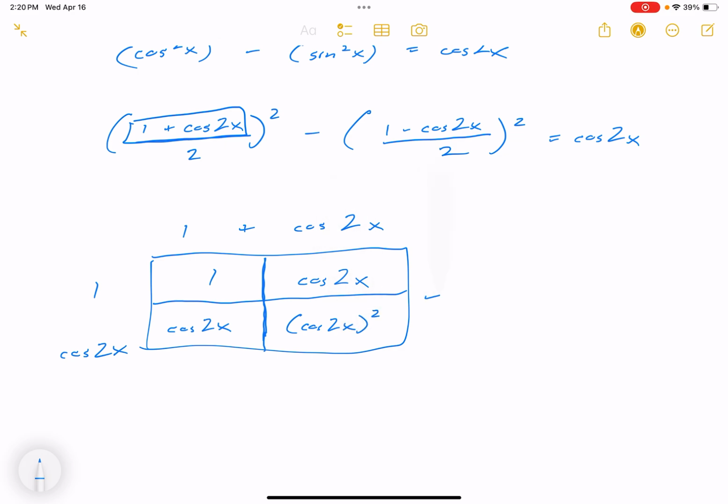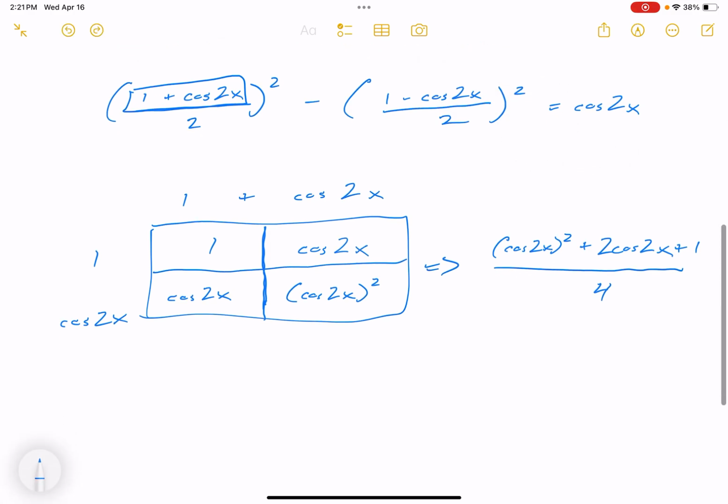So this in turn is going to give us cosine 2x to the second power plus 2 cosine 2x, because we're adding these two together, plus 1. And then you just raise that to the power of 2. That's just going to give you 4. So that's 4.